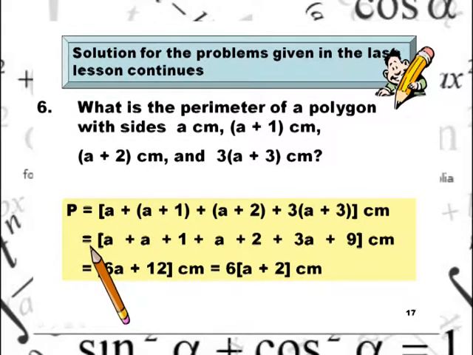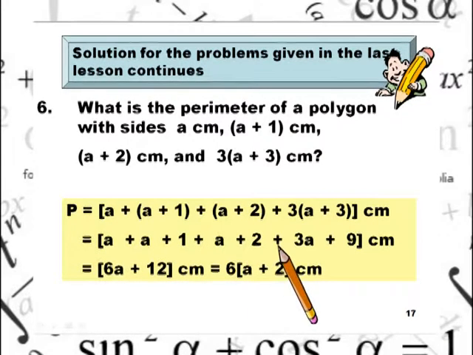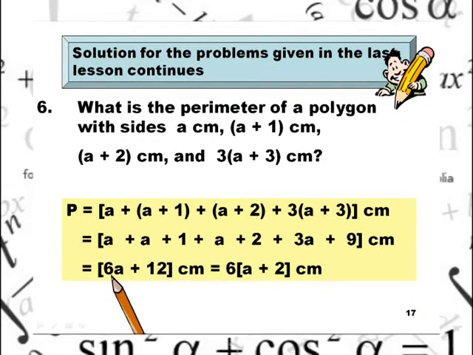And that is equal to A plus A plus 1 plus A plus 2 plus 3A plus 9 centimeters, which is equal to 6A plus 12 cm, which is also equal to 6 into A plus 2 centimeters.